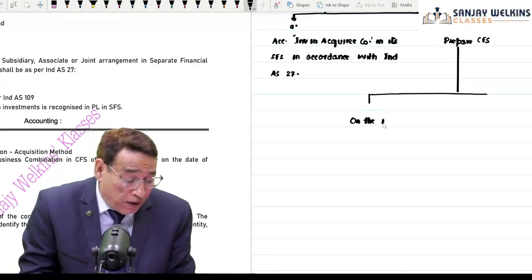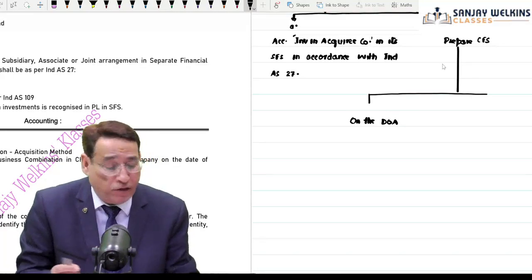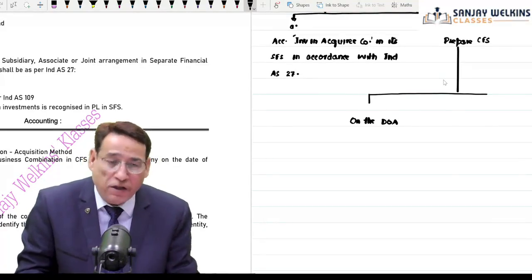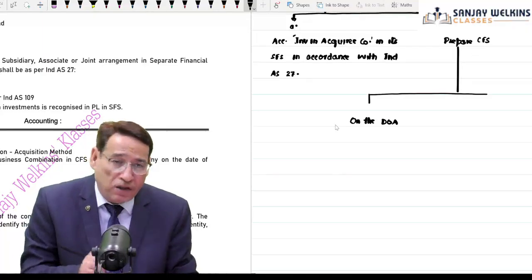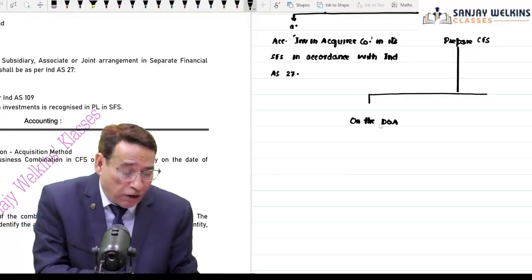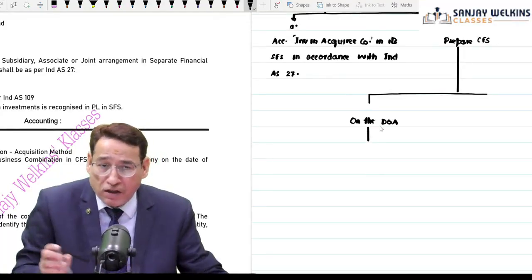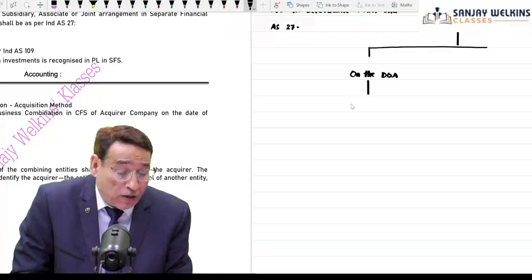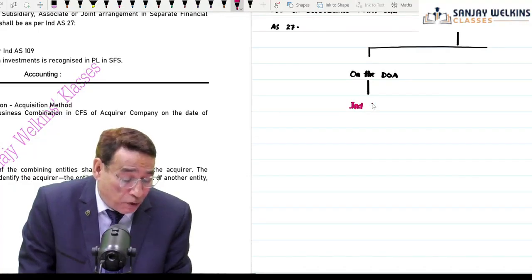So on the date of acquisition, DOA, the investor entity is going to prepare a consolidated financial statement in accordance with Ind AS 103. This is the most important point.